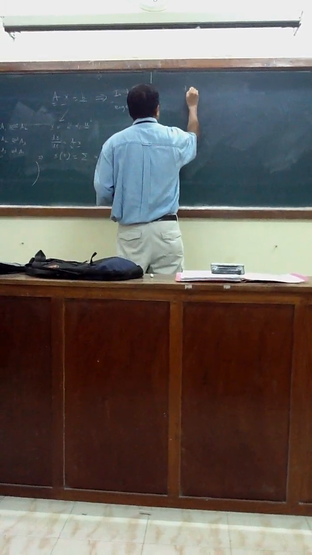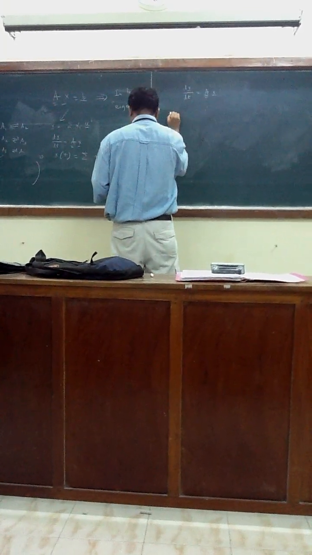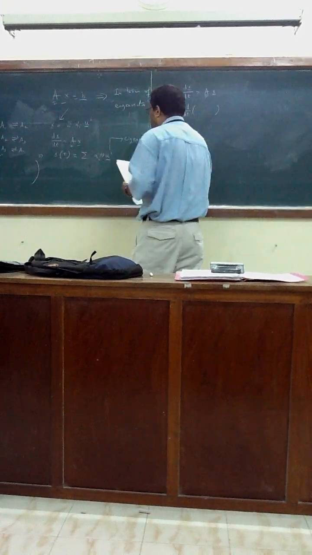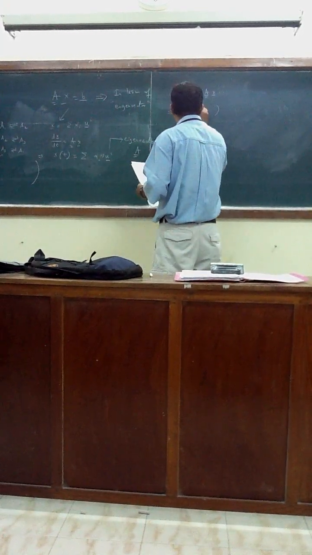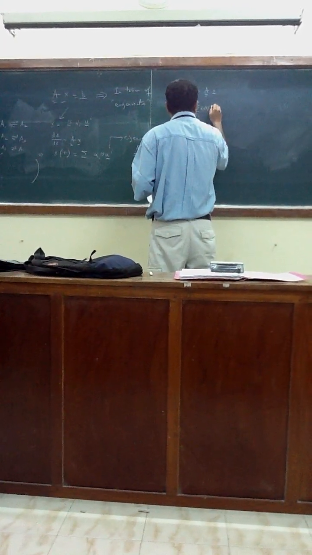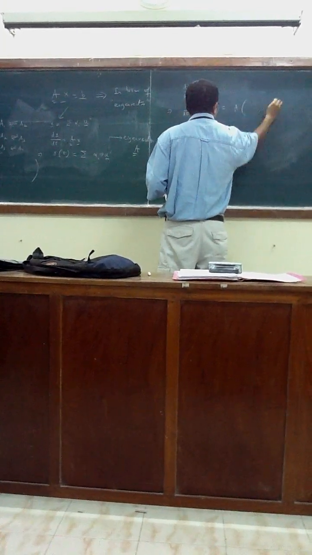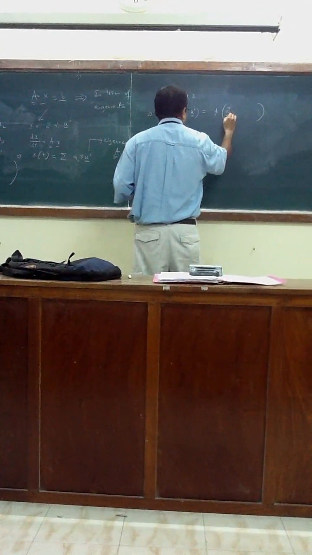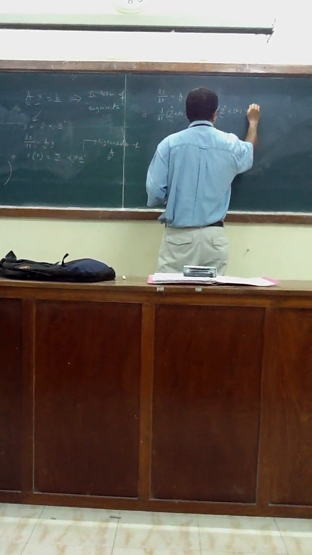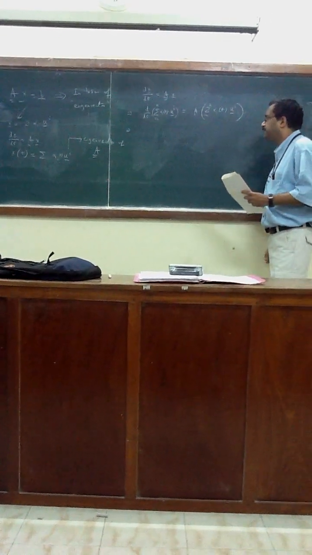So we have dx/dt equals Ax, and now we replace the vector x by the summation i equals 1 to n of alpha i(t) u i. Is that clear?